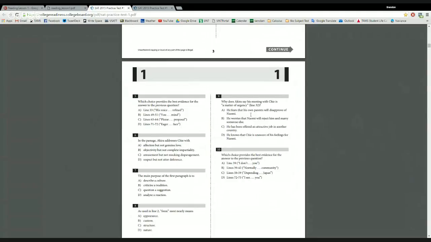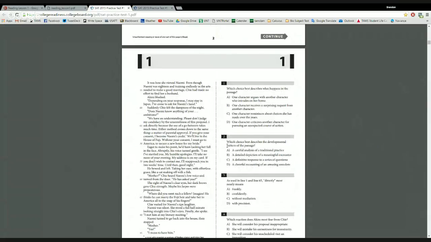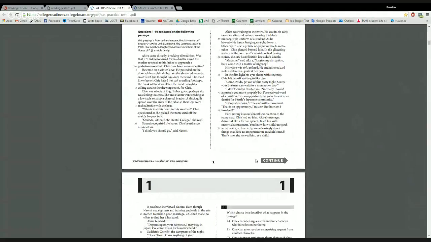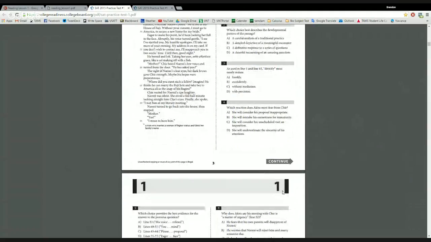What does Akira say his meeting with She is, a matter of urgency? Line 32. This is an evidence-based question, so you want to look at these lines. Well, line 39. Does that fit with explaining why he wanted to meet with She?